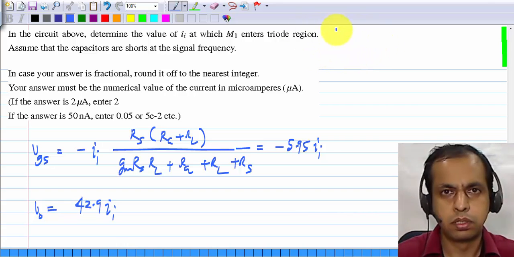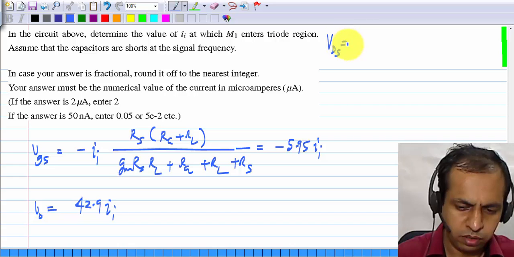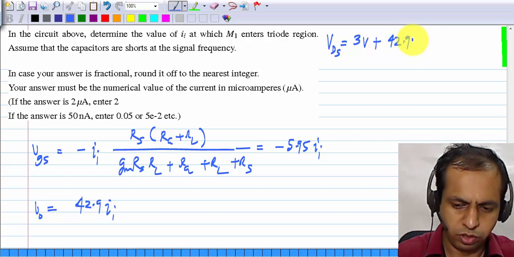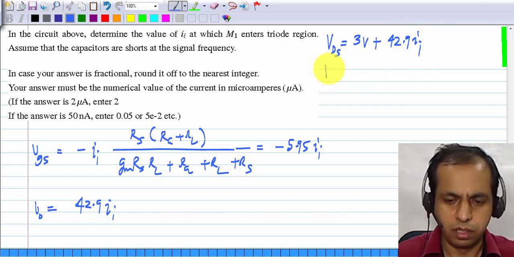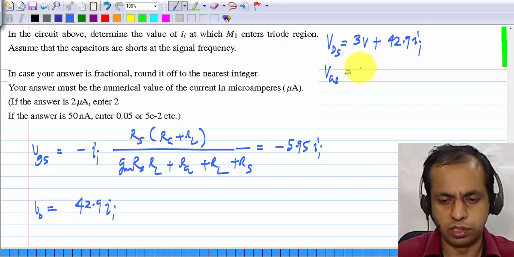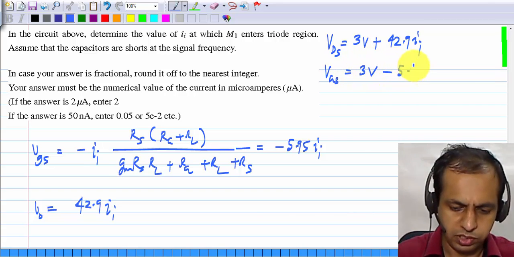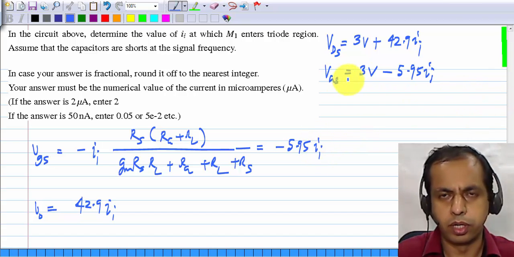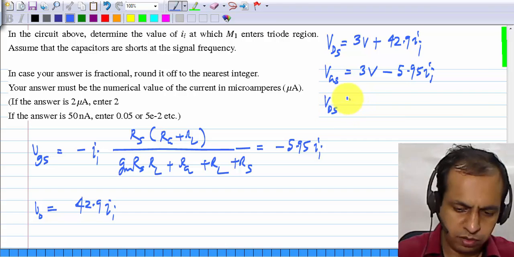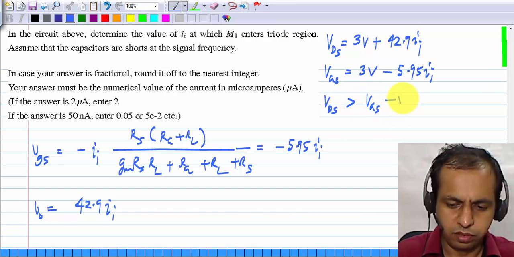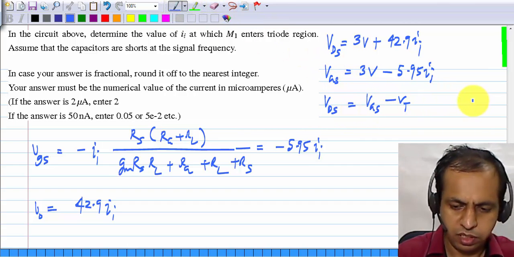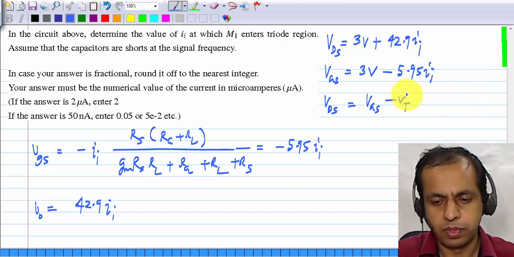So the total quantity VDS equals the quiescent voltage 3 volts plus 42.9 times Ii, and the total quantity VGS is the quiescent voltage, which is also 3 volts, minus 5.95 times Ii. We have to make sure that VDS is greater than VGS minus VT, or when it just enters the triode region, VDS equals VGS minus VT.